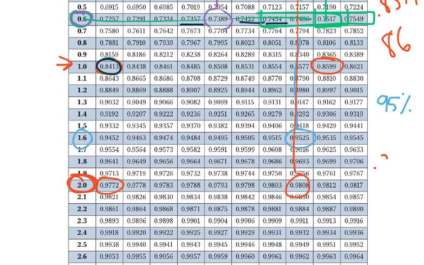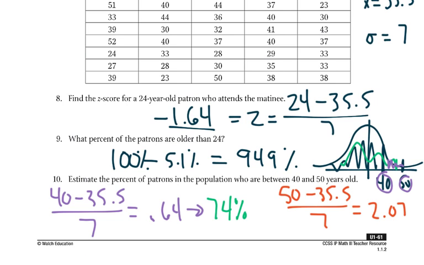So that'd be 0.9808. So basically 98%. Okay, so we get 98%. So then 98 minus 74 would give us what we're looking for, which is 24% in the difference. And there we have it.